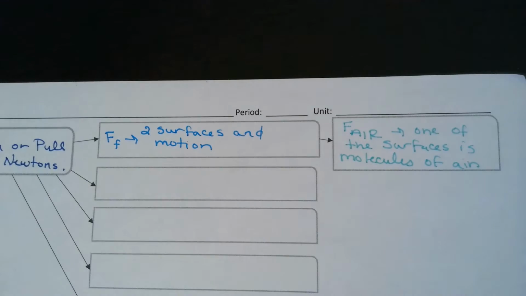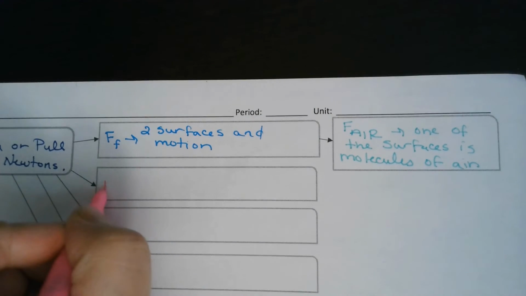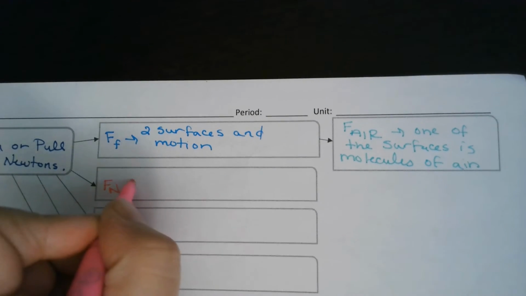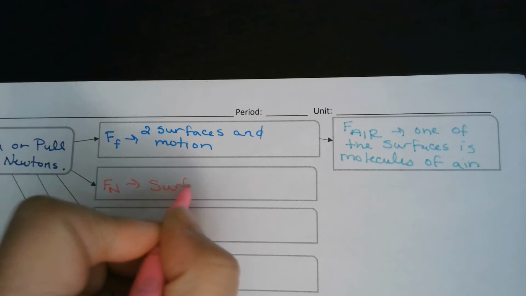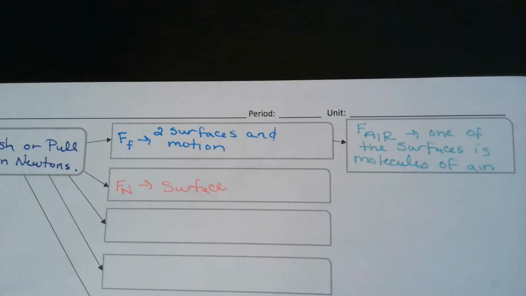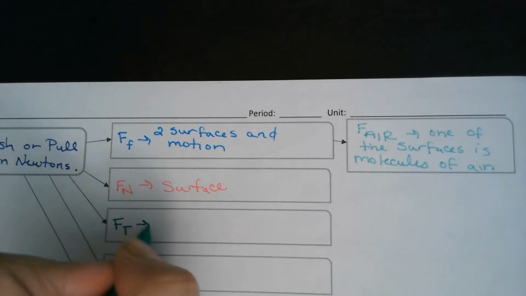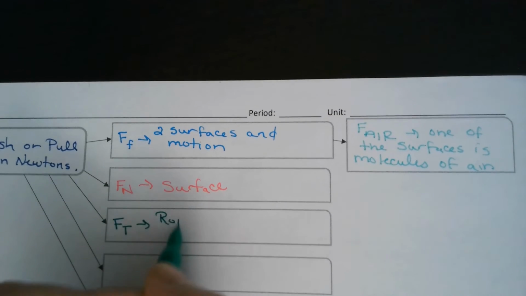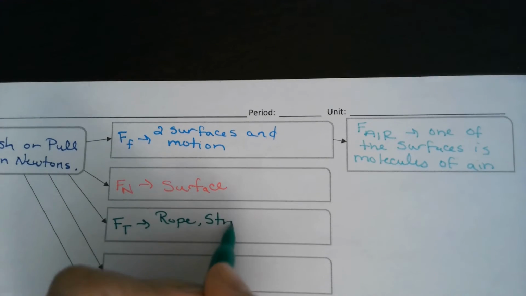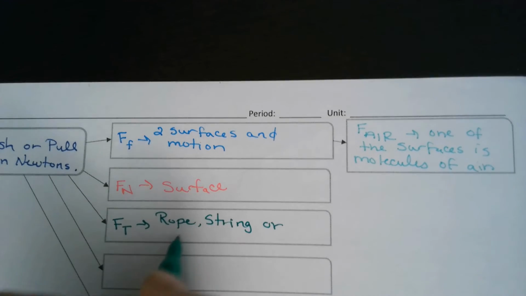Other forces that we have talked about are normal force, so Fn, and this is when there's a surface. We have Ft, which is tension, and this is when we have rope, string, or wire.